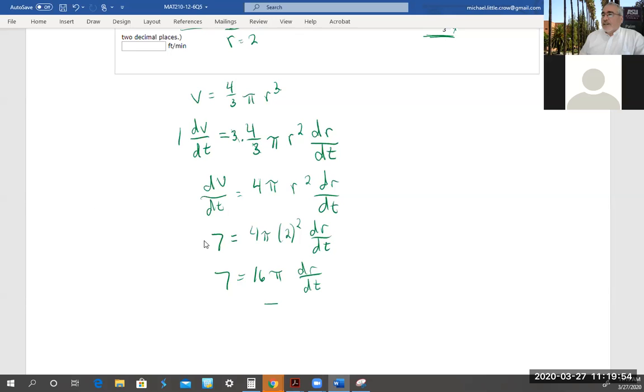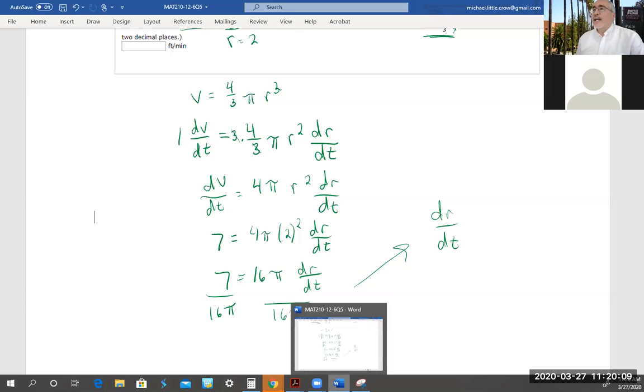Divide both sides by 16 pi. So that tells us that dr/dt is 7 divided by 16 pi.